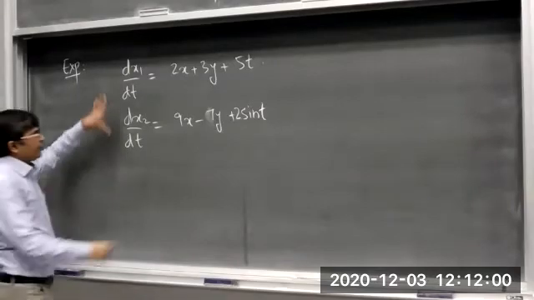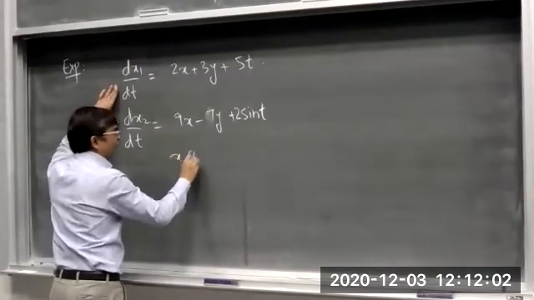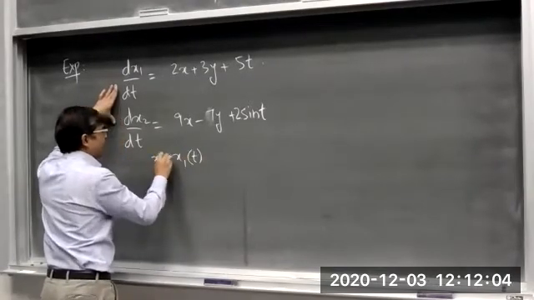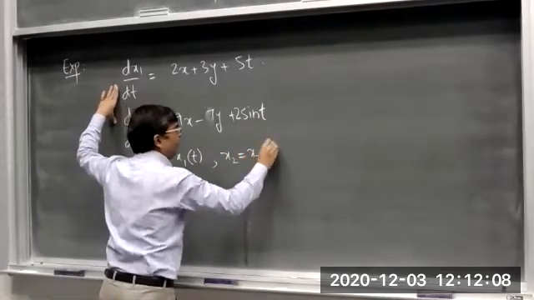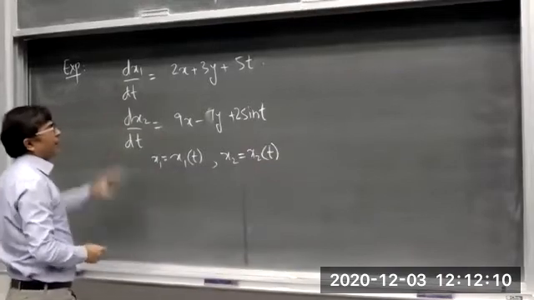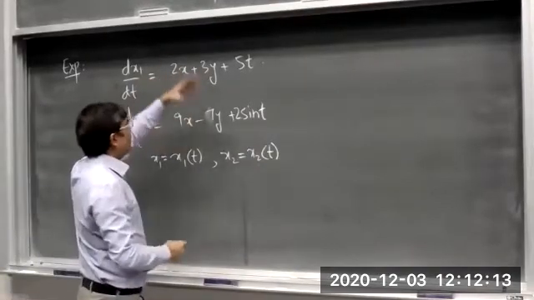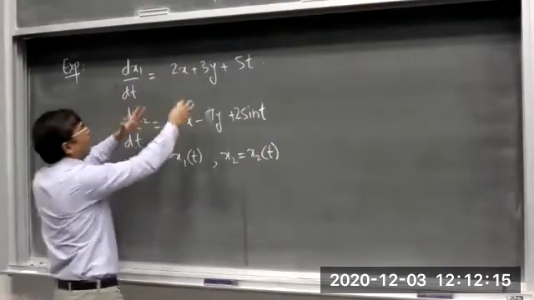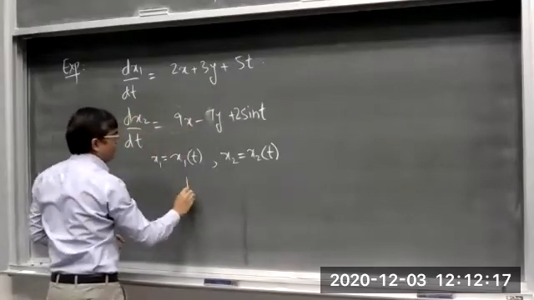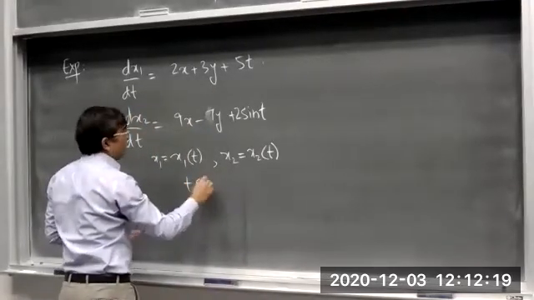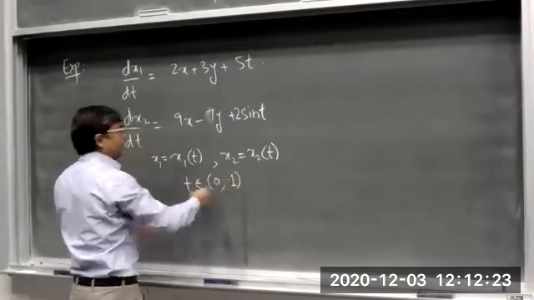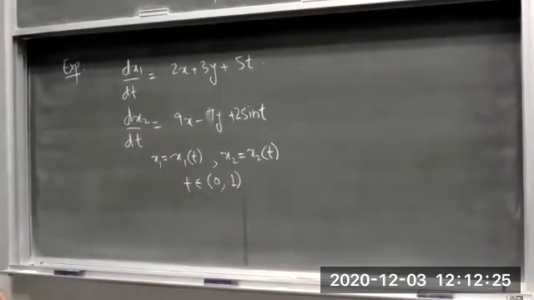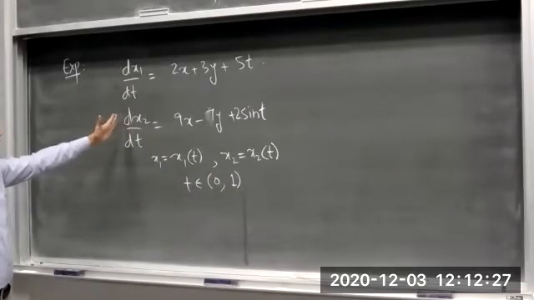Now in this system, I assume that x1 is a dependent variable and x2 is a dependent variable, and they depend on t, where t is the independent variable. We assume that t is defined here, t belongs to maybe 0 to 1 or 0 to infinity or anything. So this is your system of first order ODEs.